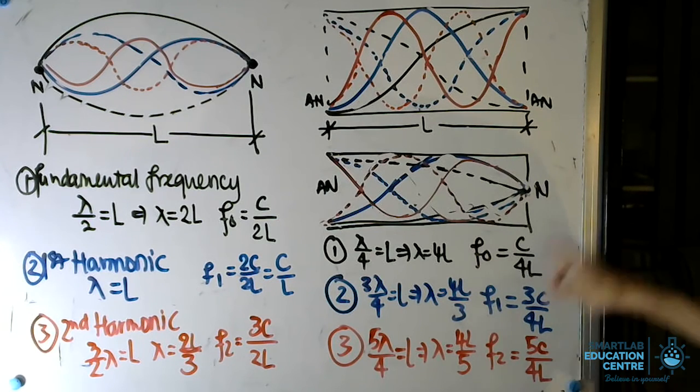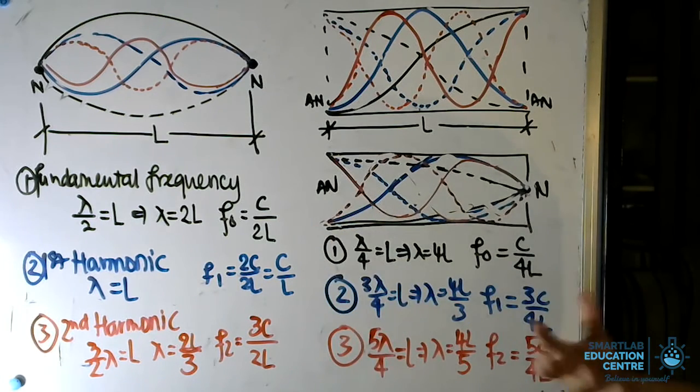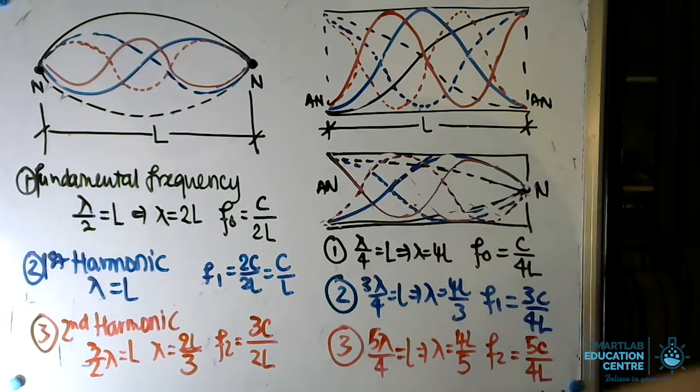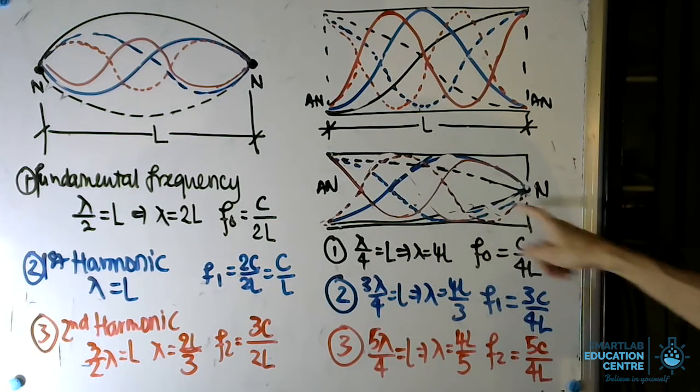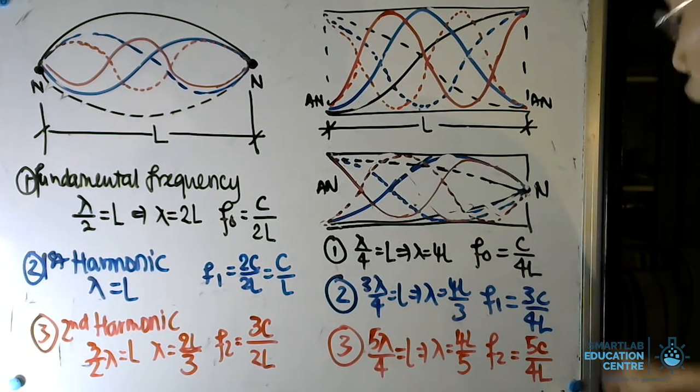So in summary, when you have one end that's a node and one end that's an antinode, the conclusion is that you produce stationary waves at the fundamental frequency and the various odd multiples of the fundamental frequency.